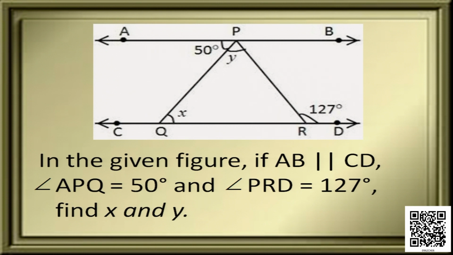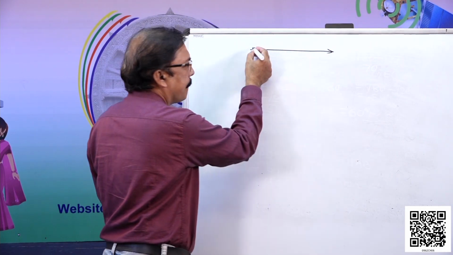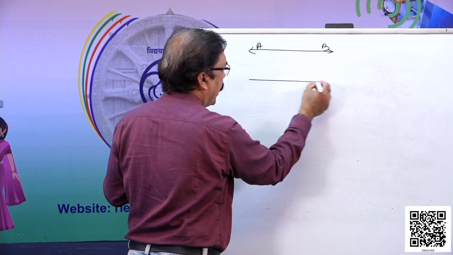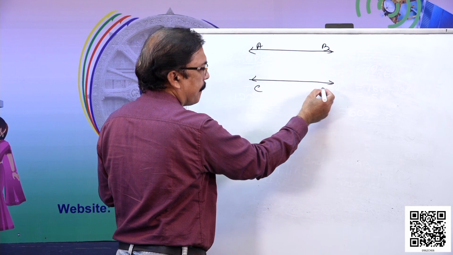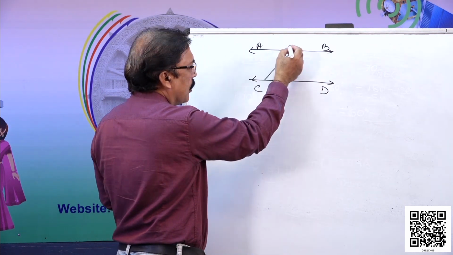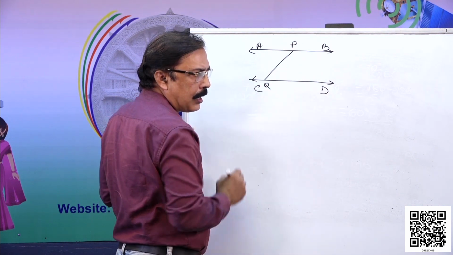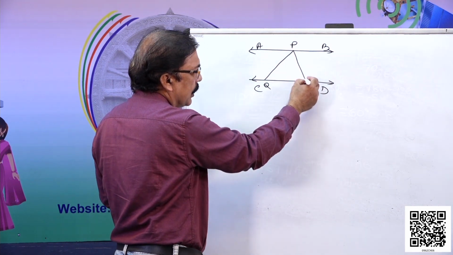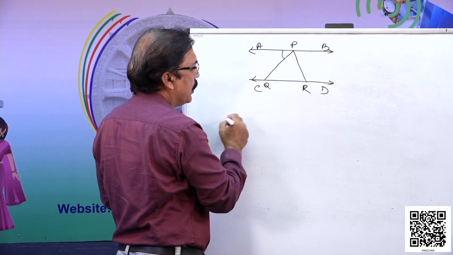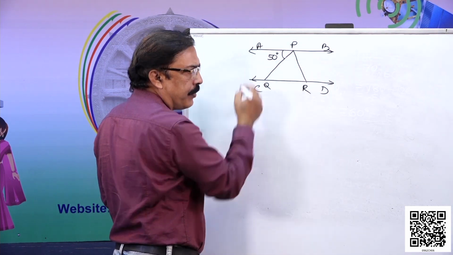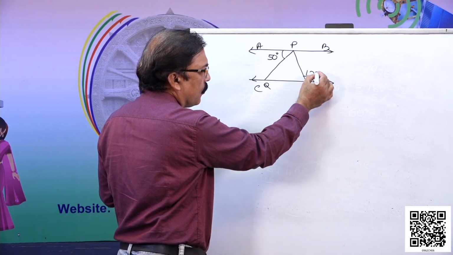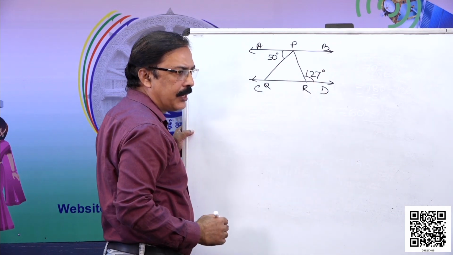Now see, in this figure AB and CD are two parallel lines. A line like this, that is PQ, and another line is like this, PR. Angle APQ is given 50 degree and angle PRD is given 127 degree.